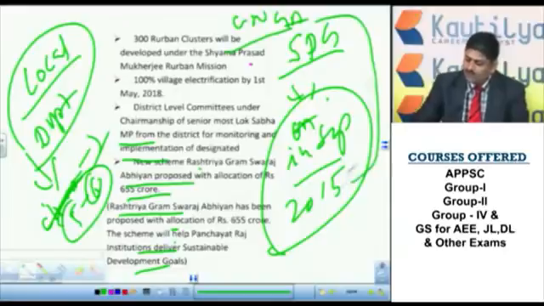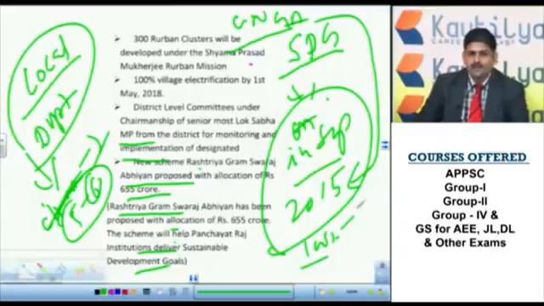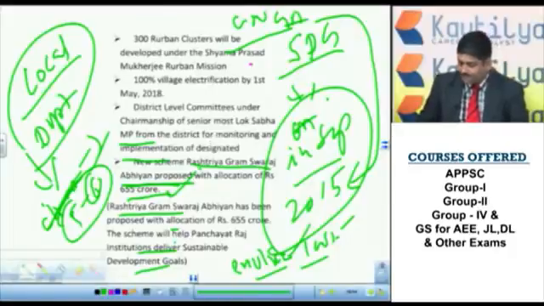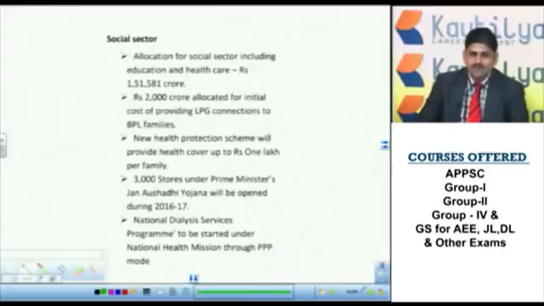A lot of goals are there: achieving 100% literacy, achieving sanitation, providing elementary education for all the people. Protecting the environment is also one of the key components of the sustainable development goals. All these were brought under the Rashtriya Gram Swaraj Abhiyan, and 655 crore is allocated. Again, the senior most Lok Sabha member will see these activities. This is a very important one, and that is for the rural sector.